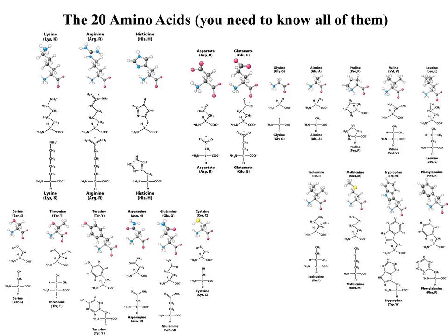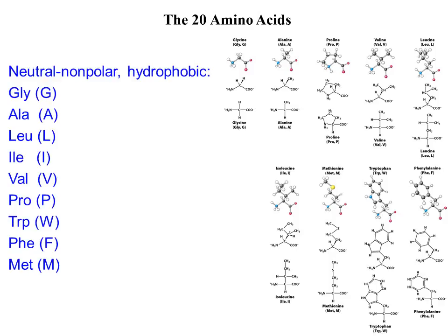All right. We started talking about the 20 amino acids that make up our peptides, our proteins, actually every protein on Earth. We mentioned, of course, we have to memorize them, their structures, and their 1 and 3 letter codes.